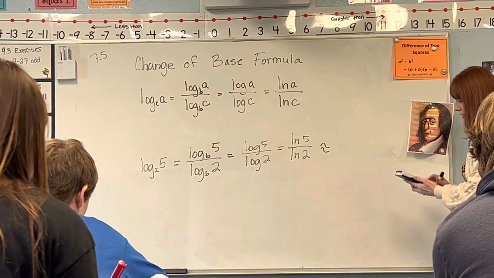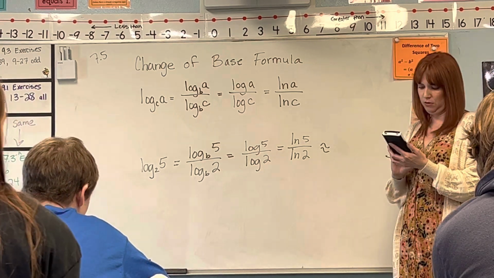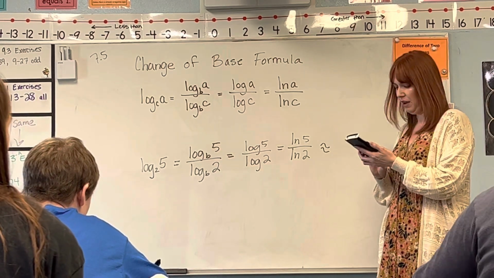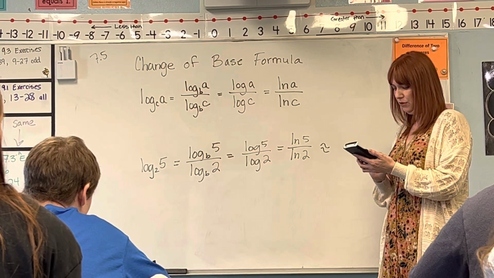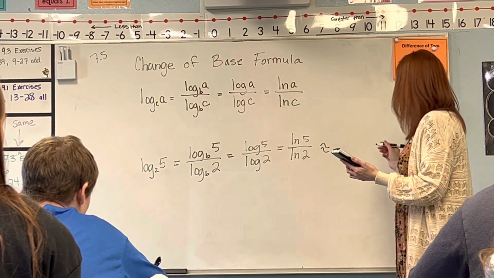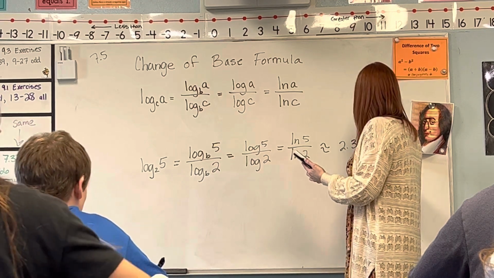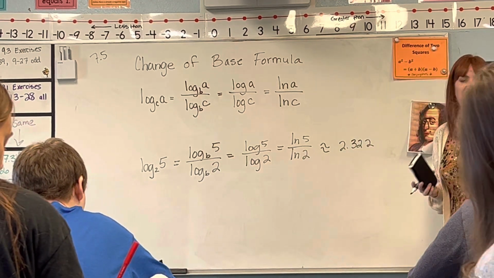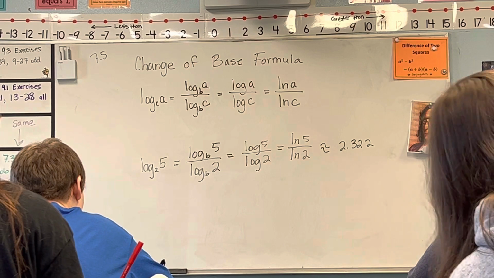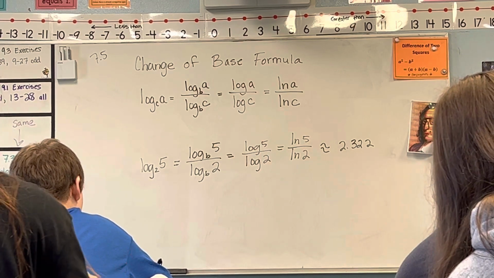Let's use natural log. Natural log 5 divided by natural log 2 is about 2.322. I got the same thing, but I used common log. See? So you can use any of those logs.